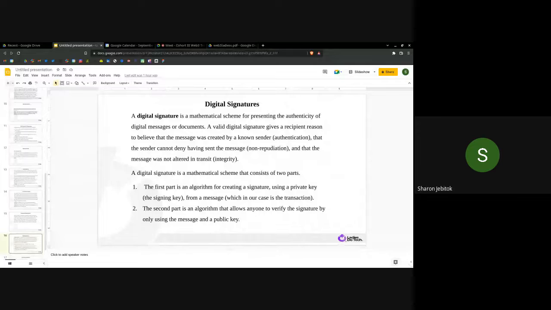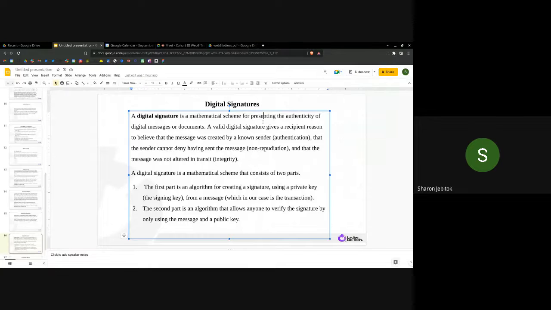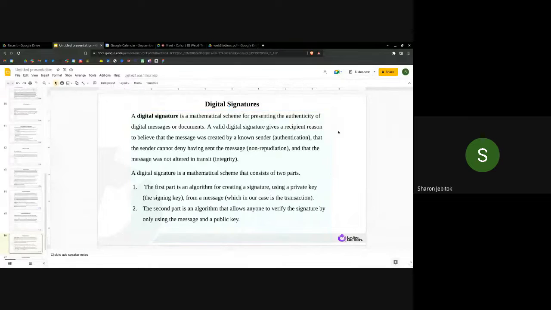So let's say you're trying to connect your MetaMask wallet for the first time. If I try to open it right now, it will ask for the password. So even before someone makes a transaction, the first thing they'll have to do is enter the password of the MetaMask wallet.